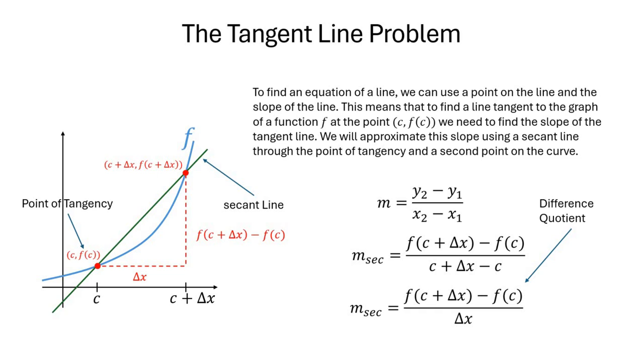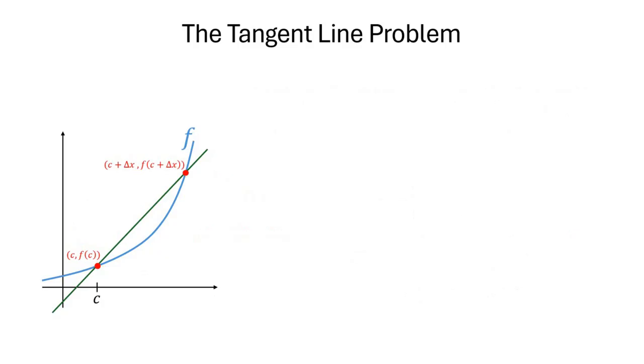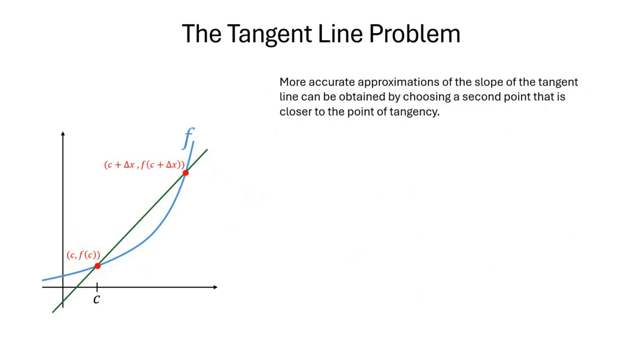Okay, so let's see how this can help us to find the slope of a tangent line. More accurate approximations of the slope of the tangent line can be obtained by choosing a second point that is closer to the point of tangency.